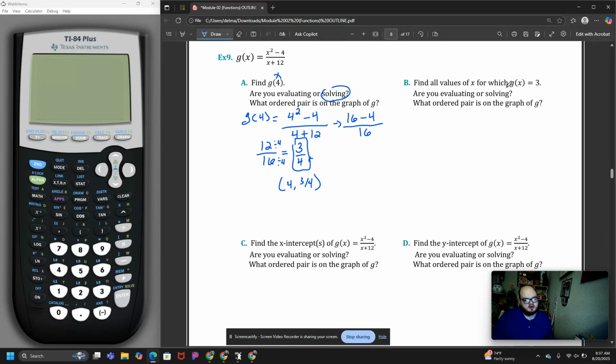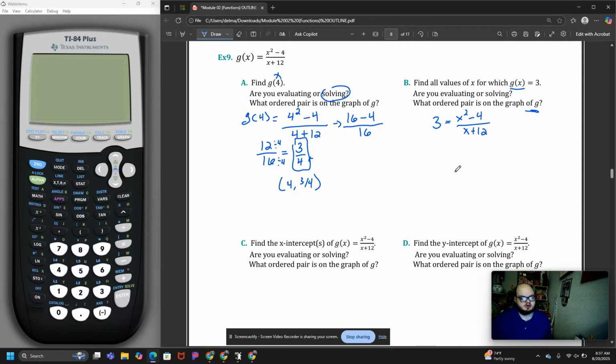Find all the values of x for which g of x equals 3. Are you evaluating or solving? What ordered pair is on the graph of g of x? Okay, so this time we're what? We're going to sit through this and solve it. So now it's equals, so x squared minus 4 over x plus 12.